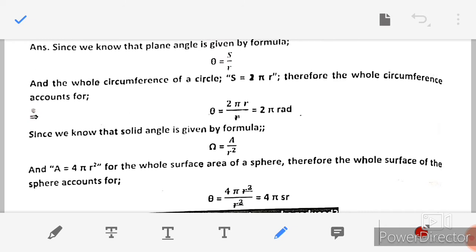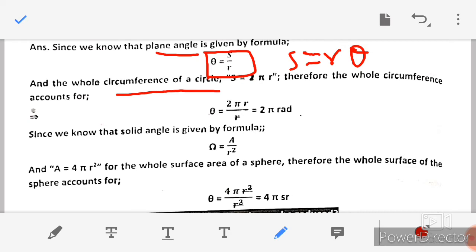So the answer is, since we know that the plane angle is given by the formula S = rθ, and θ = S/r, and for the whole circumference of a circle S = 2πr. Therefore, the whole circumference accounts for θ = 2πr/r, r cancels with each other, we are left with 2π radian.